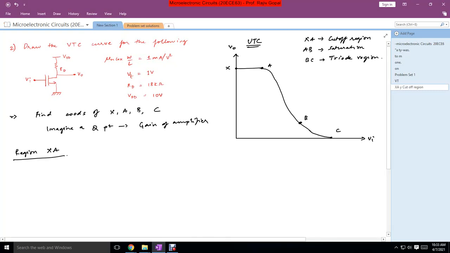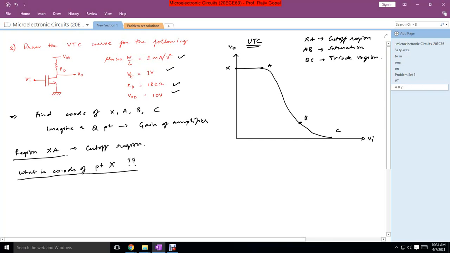So the given values: RD equal to 18 kilo ohms, VDD is equal to 10 volts, mu COX is 1 milliampere per volt square, threshold voltage is 1 volt. So for region XA, which is actually cutoff region, what is the coordinates of point X?